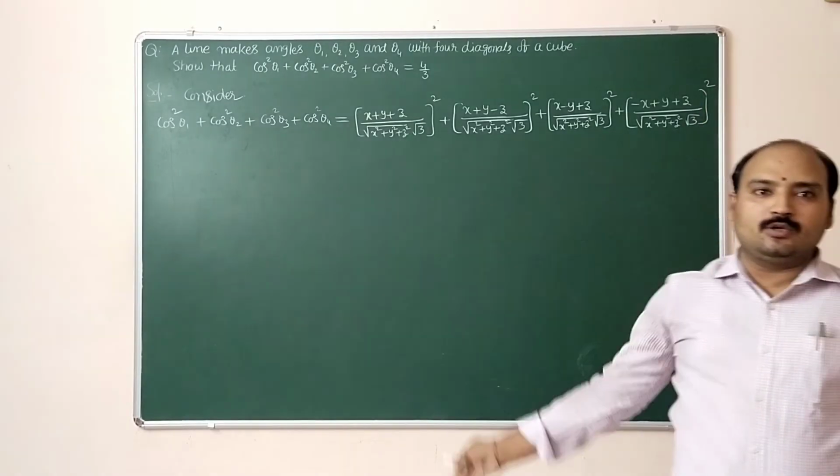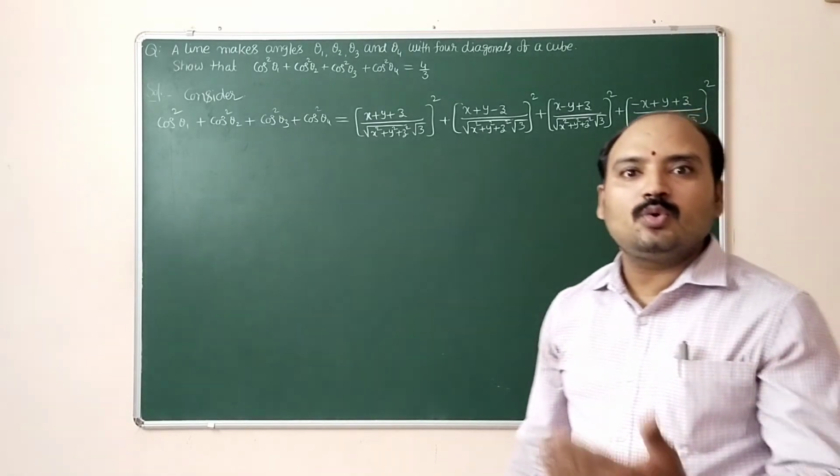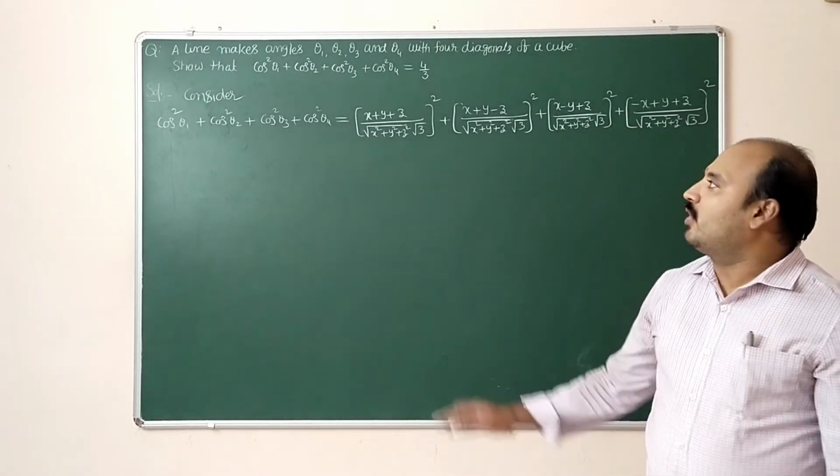Just substitute the values of cos theta 1, cos theta 2, cos theta 3 and cos theta 4, whatever we got.